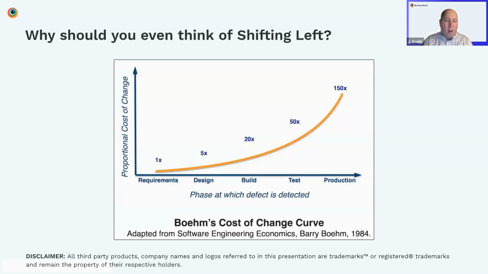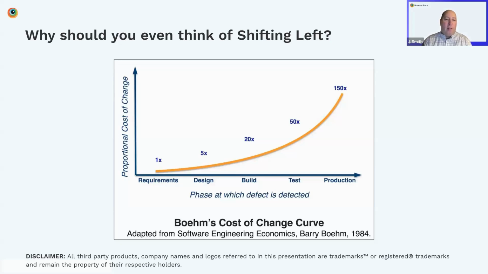This graphic shows what's called Boehm's curve. Boehm was a software engineering economics professional and expert, and he developed this curve essentially saying that the longer we wait in the software development life cycle to identify and remediate defects, the more expensive it's going to be. And so this has numbers on it.